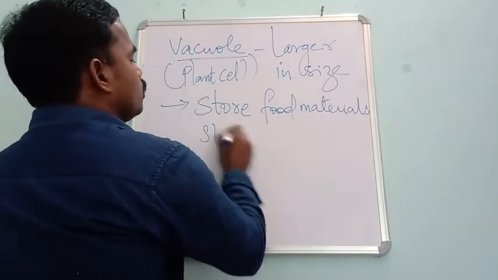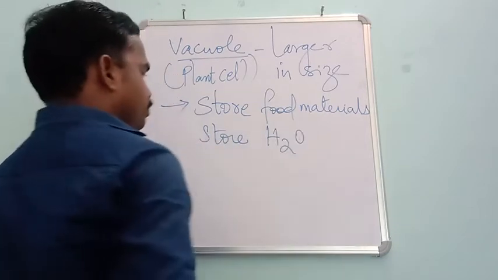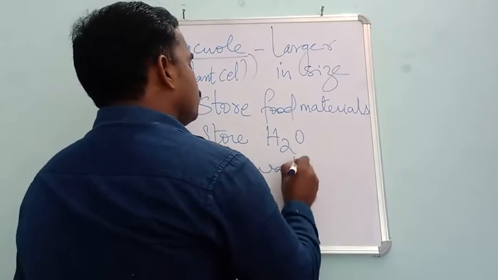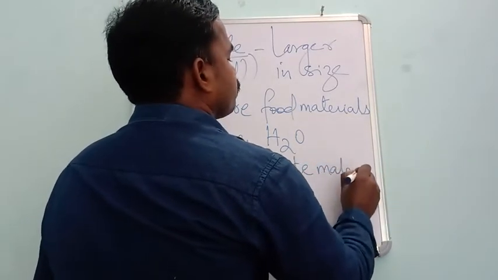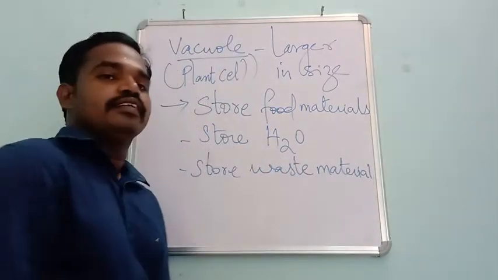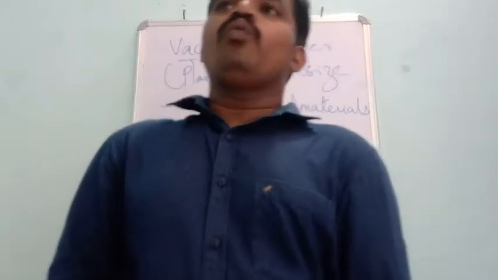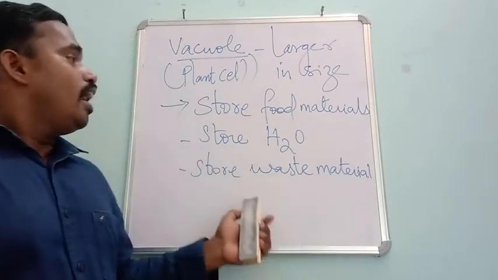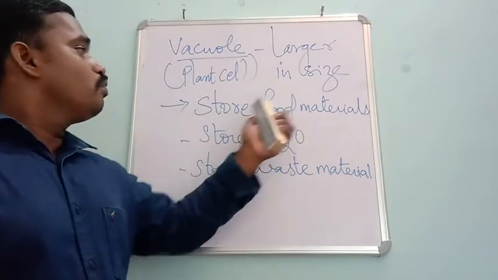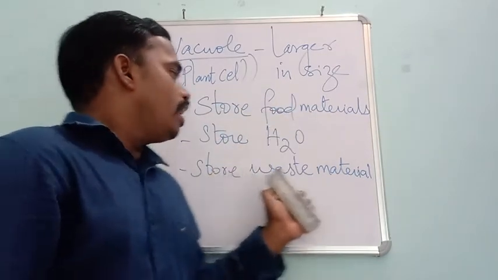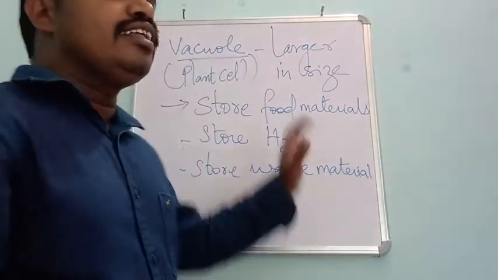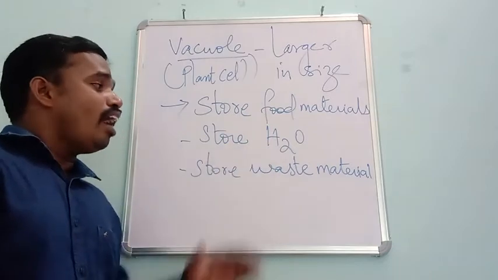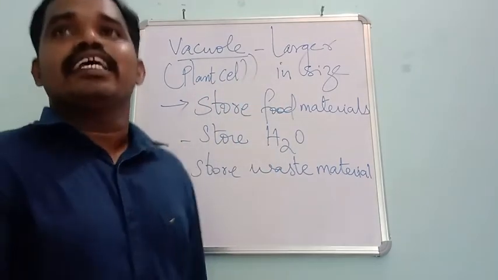The main function of the vacuole, what we studied, is that they are larger in size and store food material, water molecules and waste material. Are all these functions required in the meristematic cell?